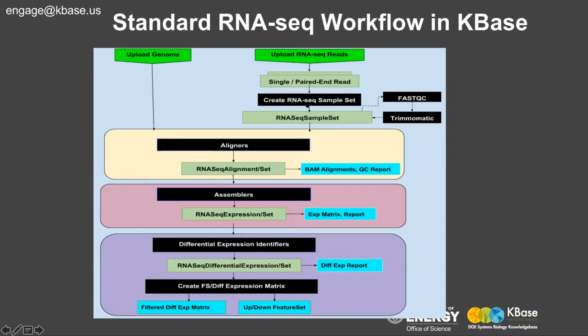In green, you see the inputs, and blue are the outputs. These outputs can also be downloaded, and you can use them with other tools outside KBase. If you are interested in adding any tools to this workflow, KBase provides a software development kit that allows the community to add functionality to the system.